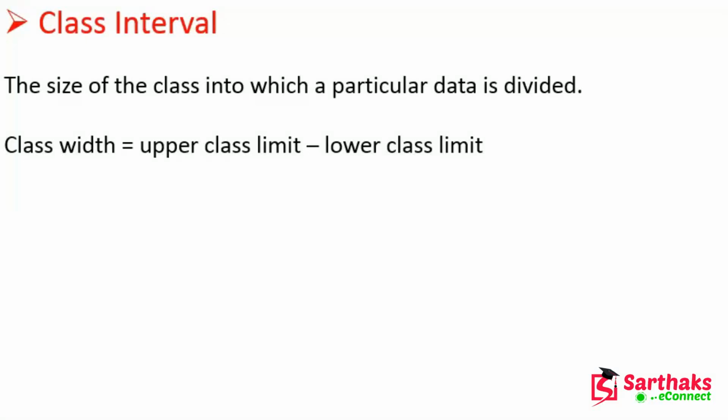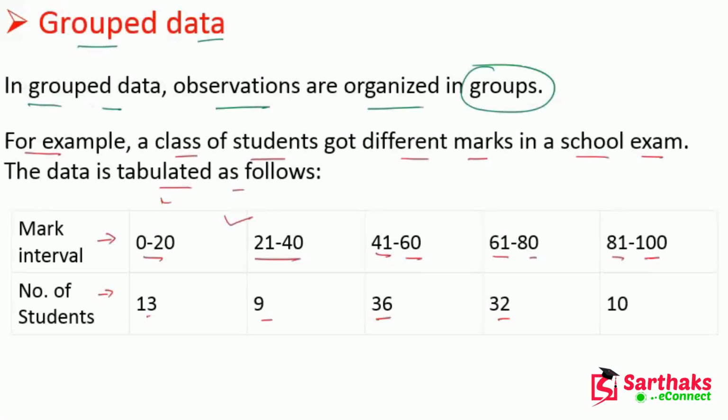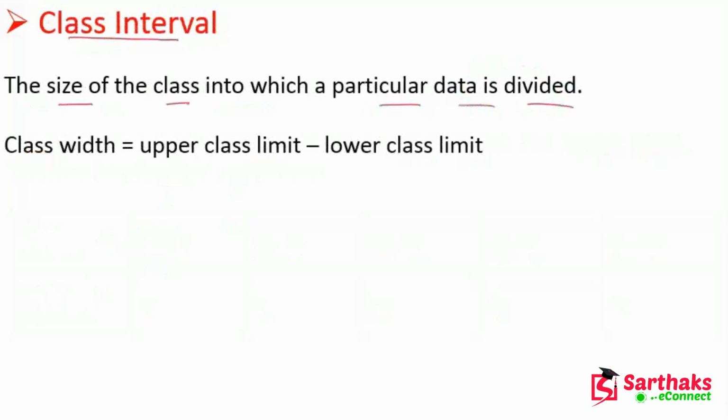Now let's see class interval. What is class interval? The size of the class into which a particular data is divided. In this grouped data, this is the class interval.